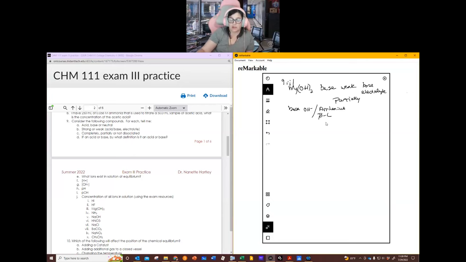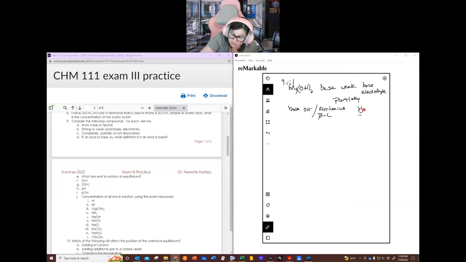When we talk about it being a Lewis acid or a Lewis base, I don't believe it is. Oh, that's right, backwards. A Lewis base needs to have a lone pair that it can donate, and of course OH minus does. So let me draw you a Lewis structure for that.